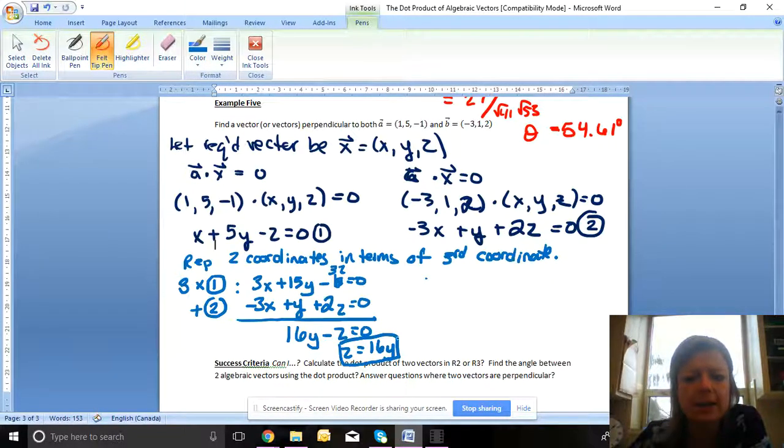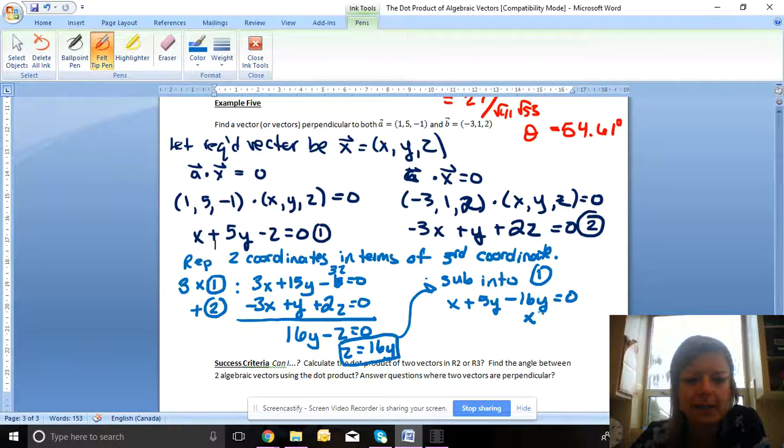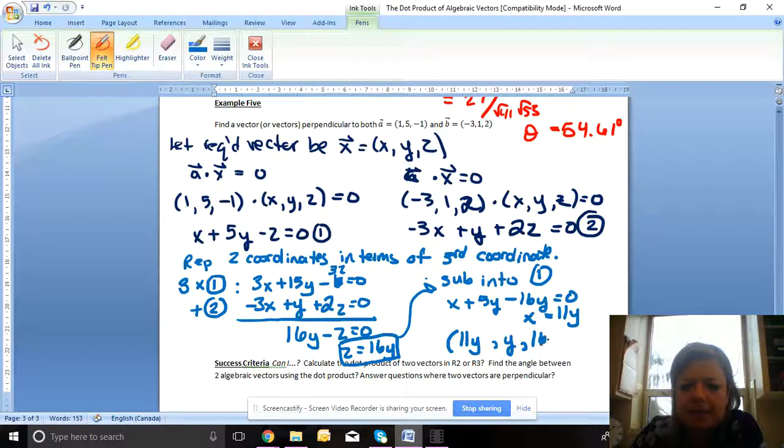And then we're going to sub that into equation 1. So then you get x plus 5y minus 16y equals 0. So you can simplify this to get x equals 11y. So this gives you the coordinates 11y, comma, y, comma, 16y.